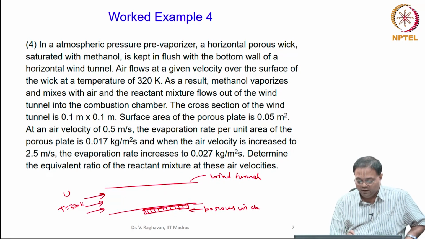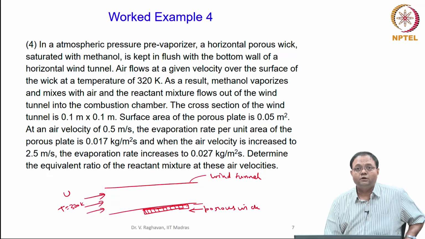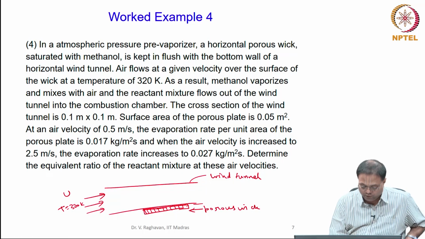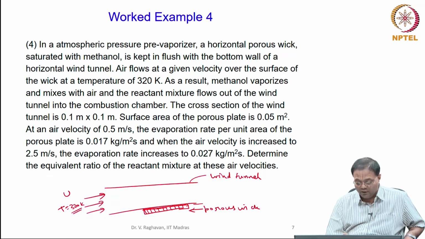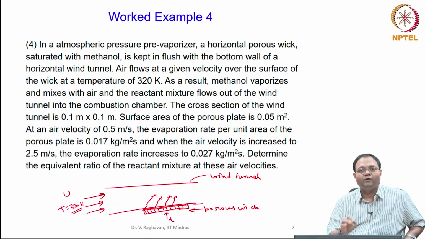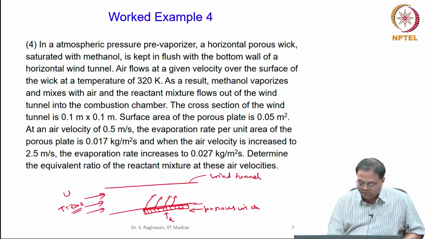Because this is at 320 Kelvin, higher than the ambient, methanol vaporizes. Please understand that this wick is saturated with methanol. So methanol is always supplied, so that the wick stays saturated. As the methanol vaporizes, more and more liquid methanol comes in and saturates the wick. So that is the problem.